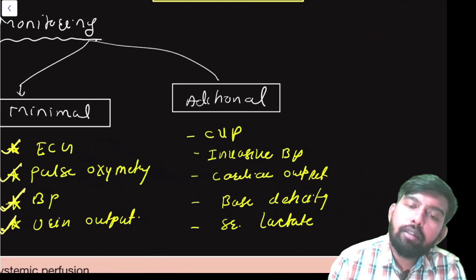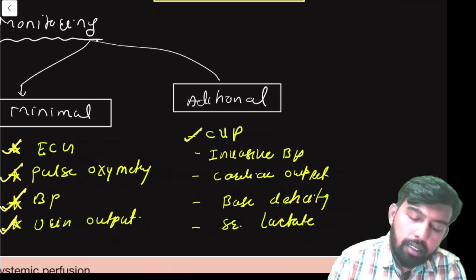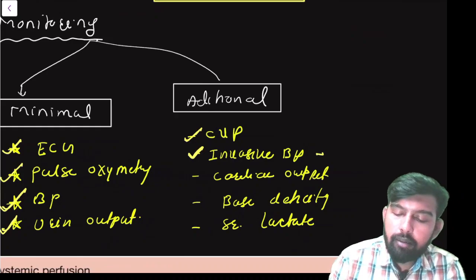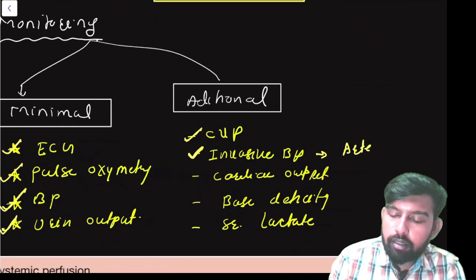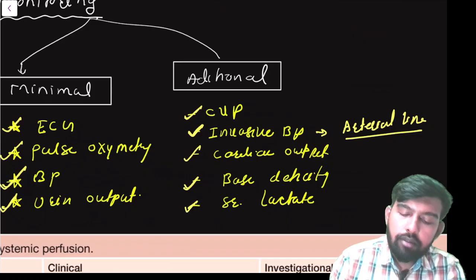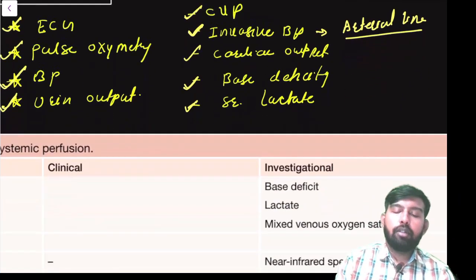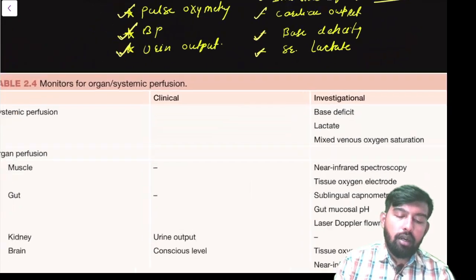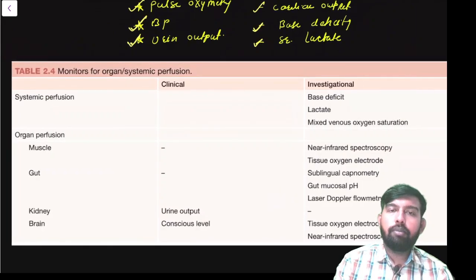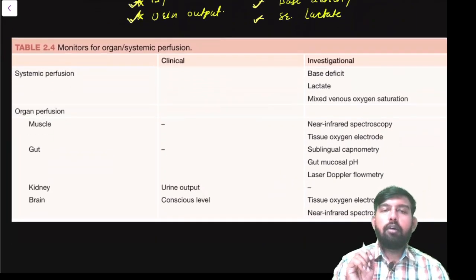Advanced monitoring is by CVP measurement, invasive BP, blood pressure measurement by arterial line insertion, or a cardiac output measurement, base deficit measurement, and the serum lactate. So for the measurement of the systemic or organ perfusion, this is the very important chart given in the Love and Bailey.